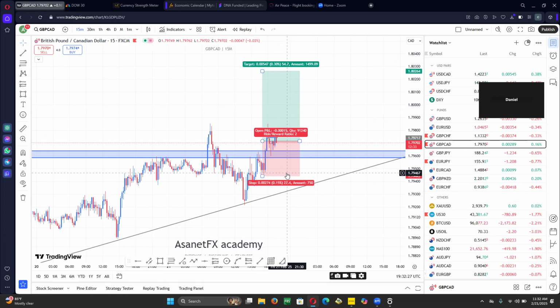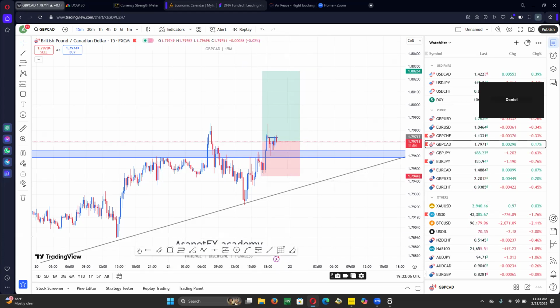With the lot size I have, each pip movement is $1. So you are about to risk 27 pips on this trade: $1 times 27 means nearly $27, if you're using a lot size that gives $1 per pip movement. So I am under that risk management.